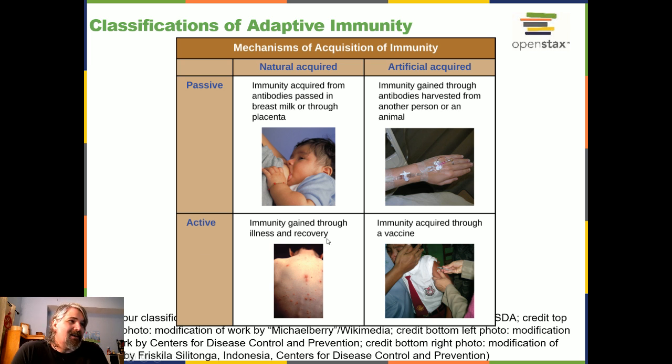So naturally acquired active immunity is where you get the illness and then you recover. Presuming you've recovered, hopefully you should have immunity to that pathogen in the future. Now, certain pathogens, like I mentioned measles previously, will damage immune memory for up to 3 years.